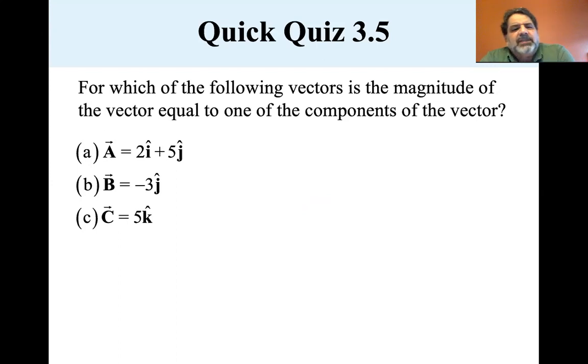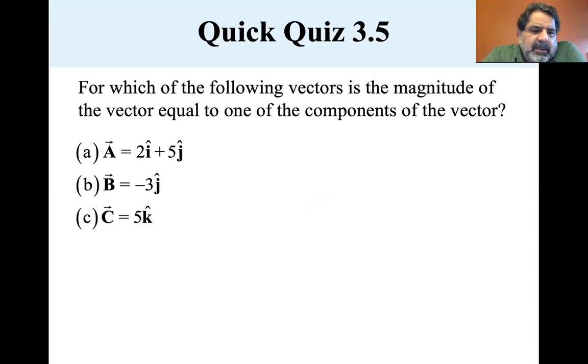Now, what is the magnitude of B? Well, the magnitude of B is the square root of minus 3 squared, which is the square root of 9. Well, that's 3. Not minus 3, it's 3. So is minus 3 equal to 3? No. So the magnitude of the vector is not equal to the component.